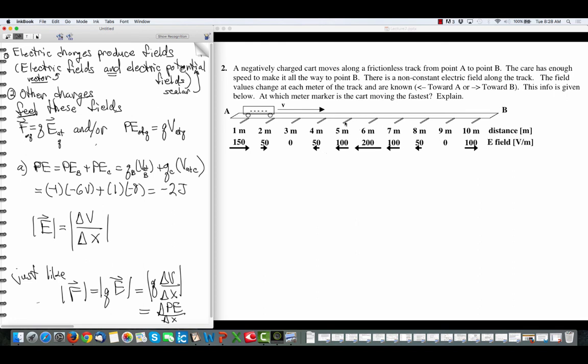In this small distance, it's changing by 100. In this small distance, it's changing by 50. And in this small distance, it's changing by 50. This right here, as the electric field points to the right, is an electric potential. Shoot, I've run out of time. I'll just say you can think of this in electric potential terms and electric potential energy terms also. I don't want to take too long here.